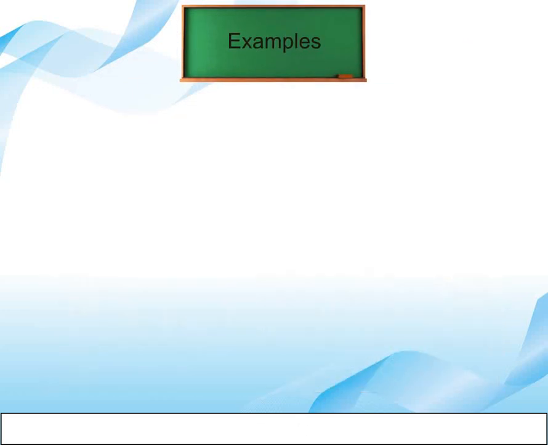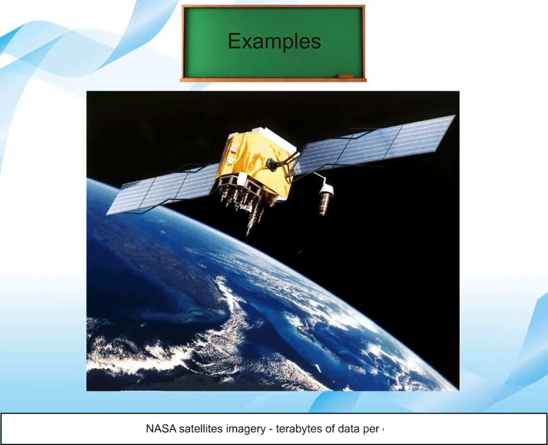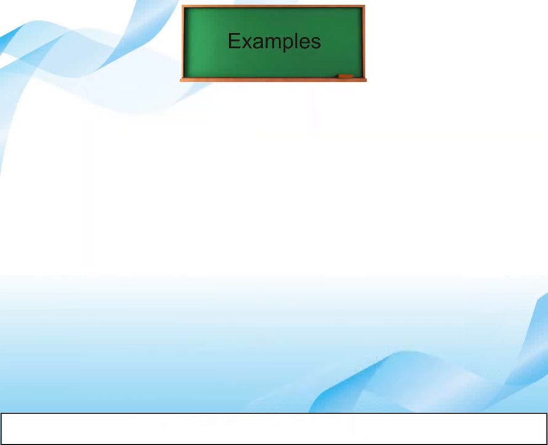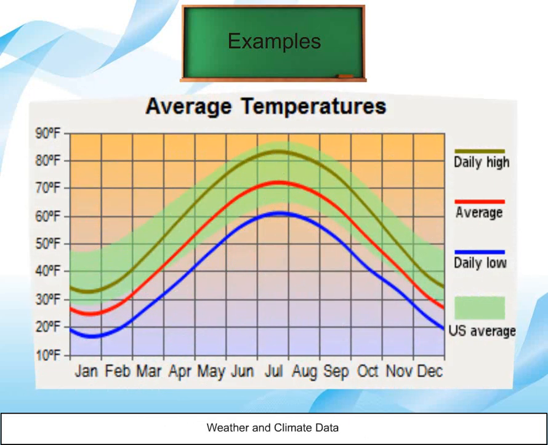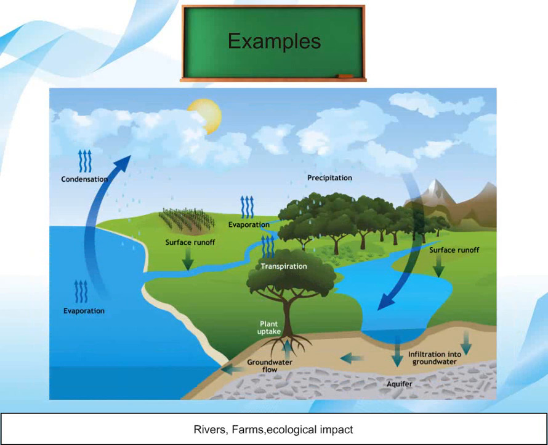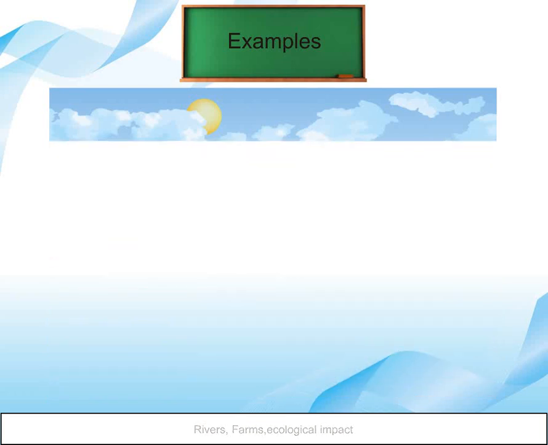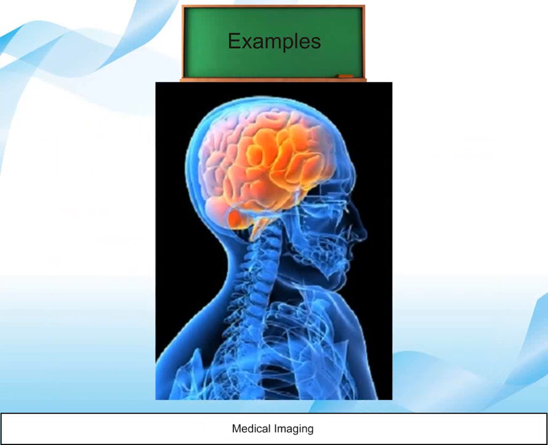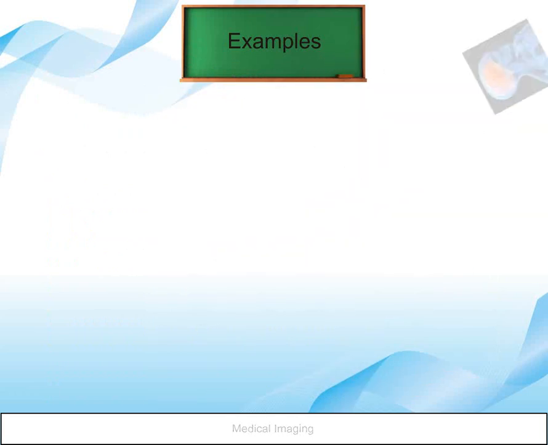Examples: census data, NASA satellite imagery, terabytes of data per day, weather and climate data, rivers, farms, ecological impact, medical imaging.